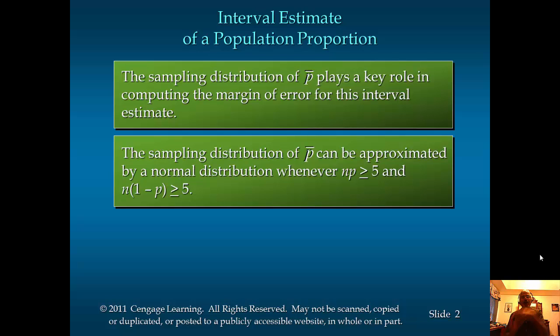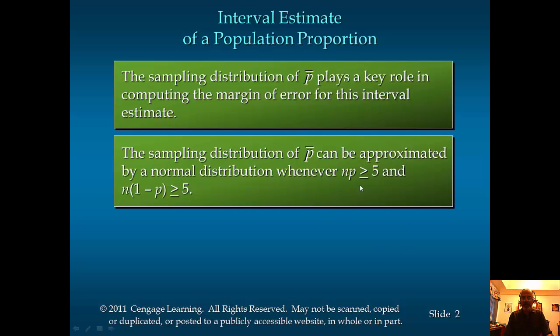And for that approximation to work, the sample size test is that n times p, the sample size times the proportion, and n times 1 minus p, they both must be greater than or equal to 5. In other words, there must be at least 5 successes and at least 5 failures in the sample. Then we consider the sample large enough for us to approximate the binomial distribution with a normal distribution.